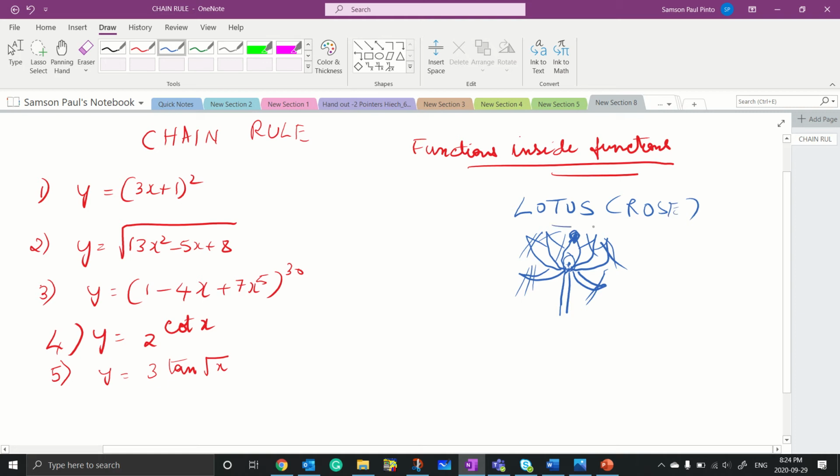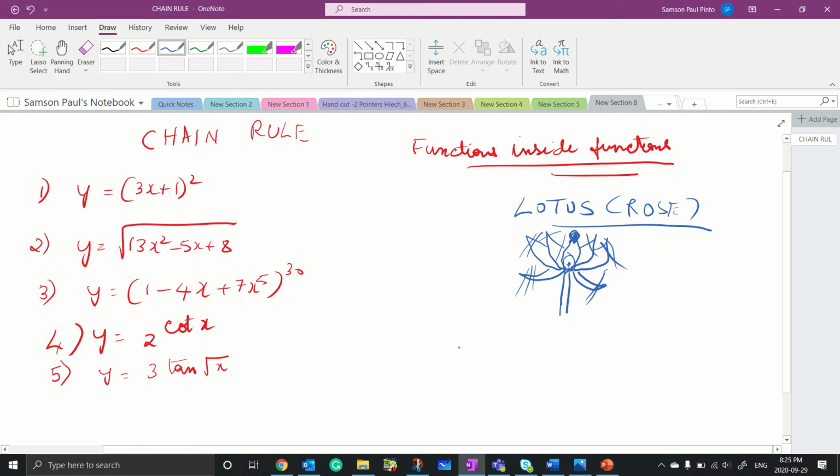So this is how my professor taught me a long time ago, and this is the way I teach my students. Now, how do I explain chain rule to you is very simple.